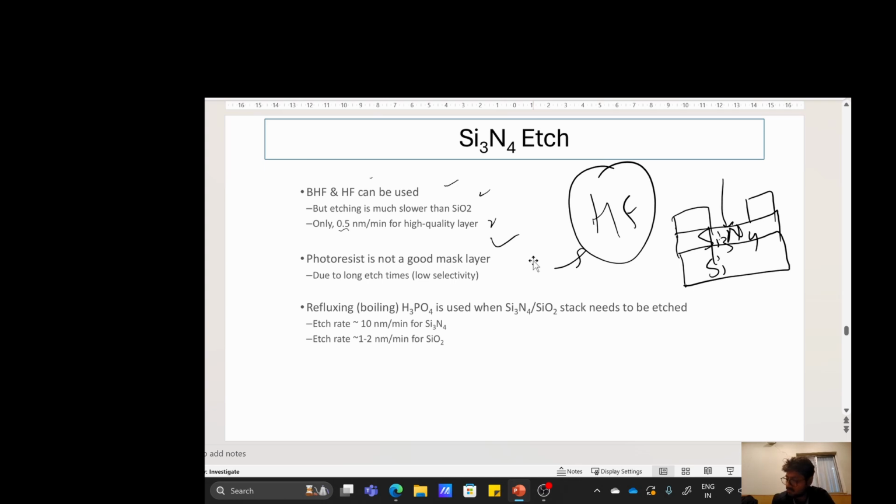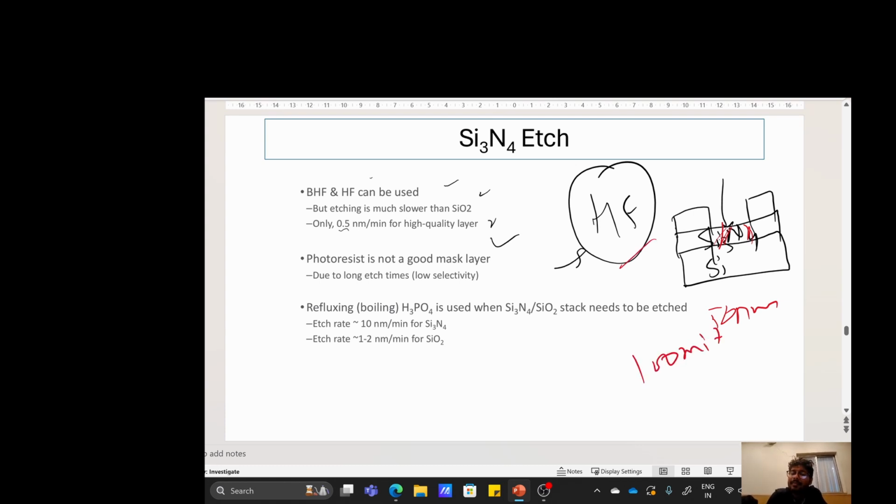Now you want to etch this silicon nitride from this part. As the etch rate is very low, like 0.5 nanometer per minute, and you want to remove 50 nanometer, it will take 100 minutes.